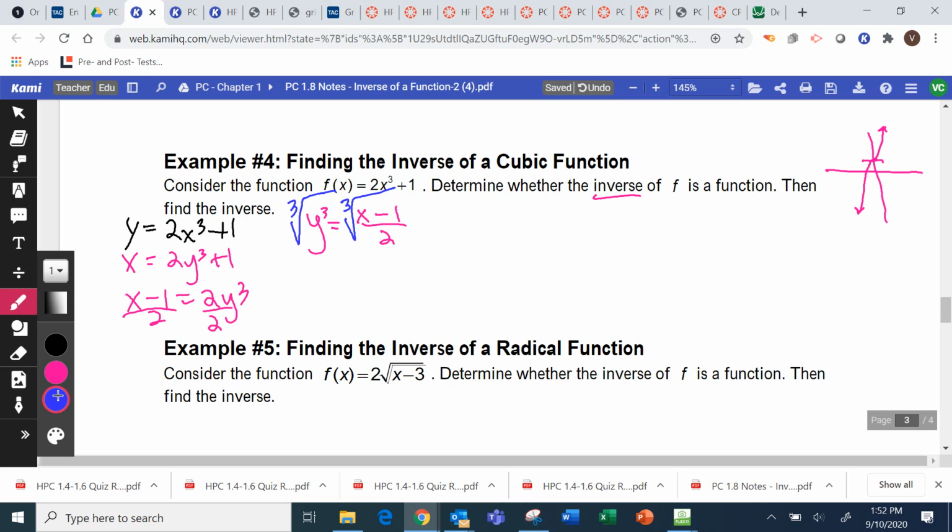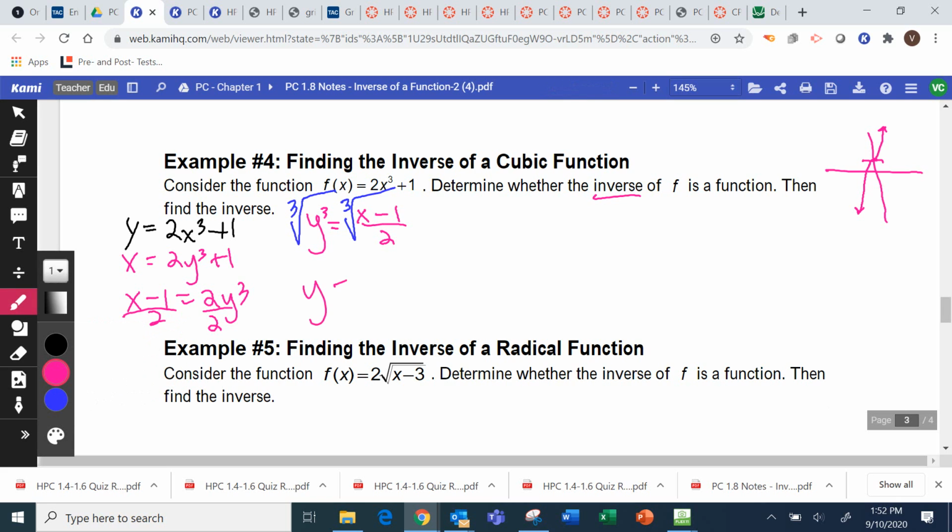No. Any odd roots, you don't need a plus or minus. Every even root, you do. Because we are allowed to take the odd root of a negative number. You just can't take a square root or a fourth root of a negative number. So I don't need plus minus.